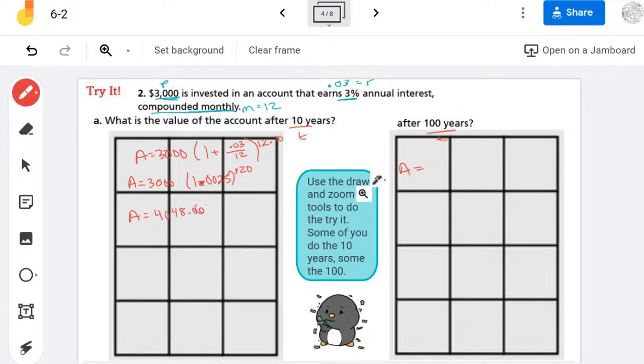Okay, so everything in this formula is staying the same, except in the exponent up here, it's 100 instead of 10. So if I clean up in the parentheses, it's still going to get me the 1.0025, but up top, I get 1200. And you're going to see this is going to blow up so fast, right?